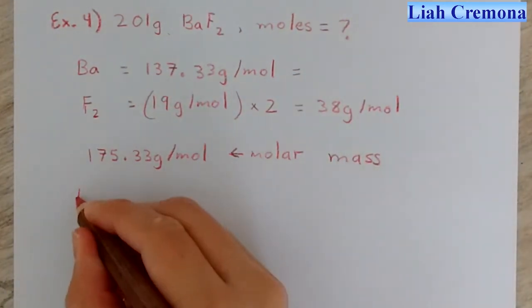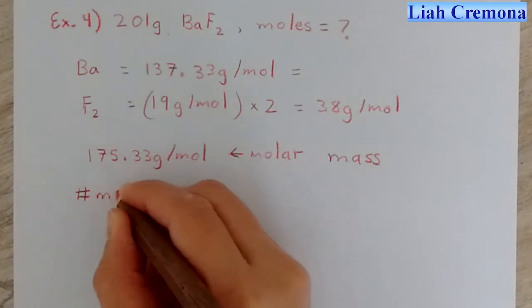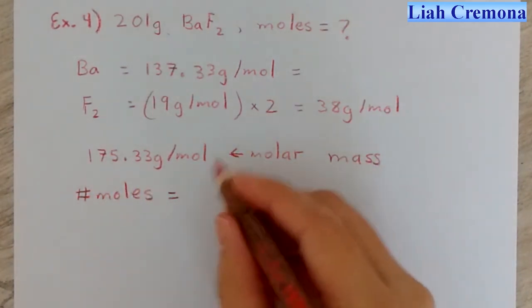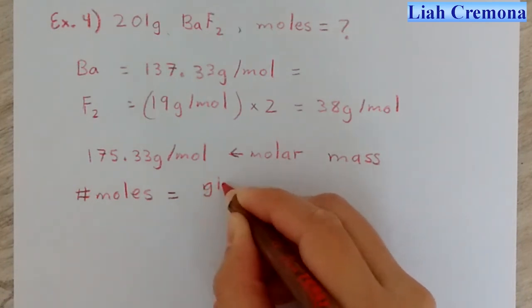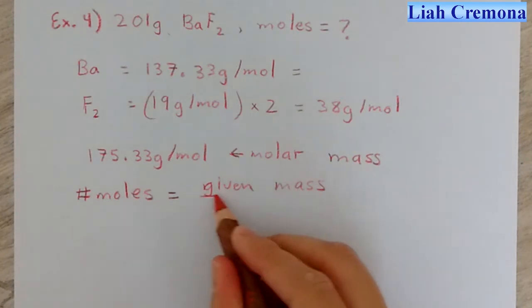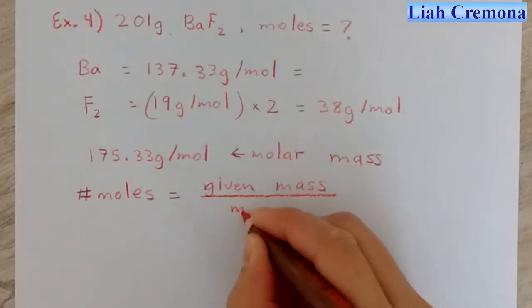Now we get to find the number of moles, which we know from before is the given mass divided by the molar mass.